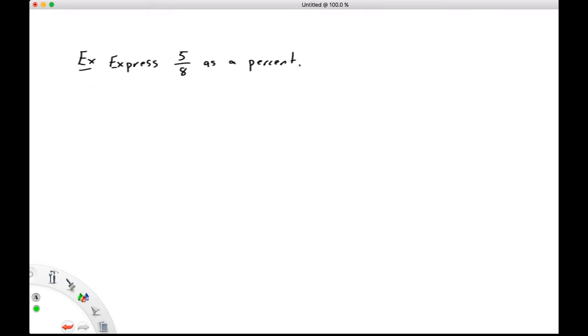So what we'll do here is, I'll say if not, as in if 8 does not have 100 as a multiple, which it doesn't, we can divide to get a decimal.